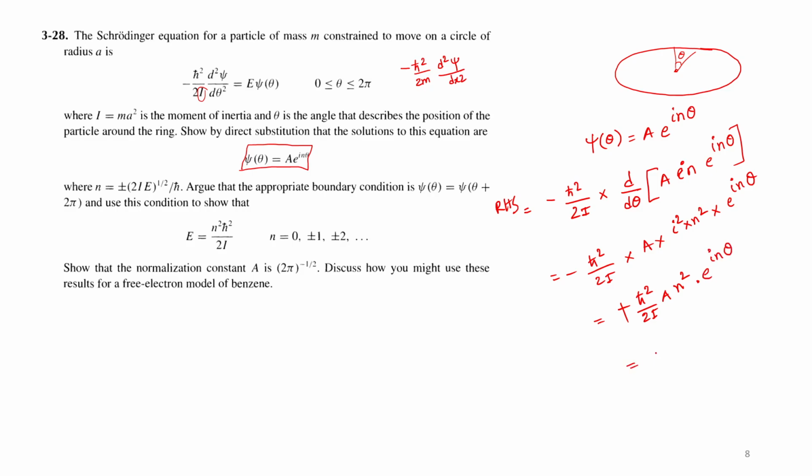So it will give you h cut square by 2I, n square, A e to the power i n theta, which is your psi theta.